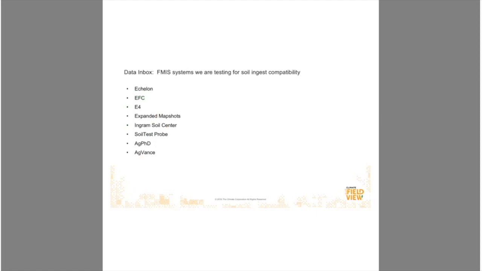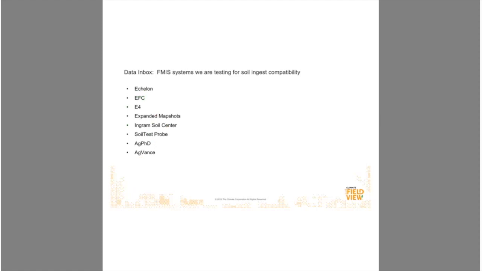So if you have gridded soil sample data in one of those systems that you would like to import to Climate, what I'd like you to do is get in touch with me, and hopefully if you're willing to provide that data to us, we will test importing it for you into your account, and then have you take a look at it and let us know if it looks like it's right, if we're interpreting the data right.